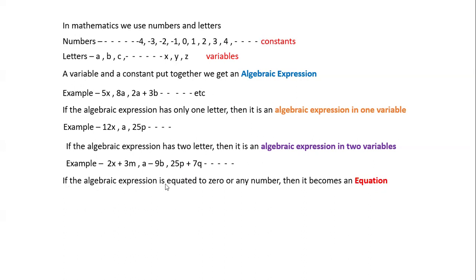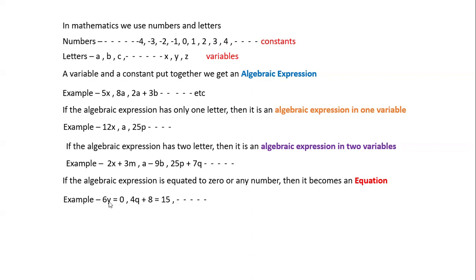If the algebraic expression is equated to 0 or any number, then it becomes an equation. That means this is an expression; if you write equal to 0 or some number, then that becomes an equation. An algebraic expression equated to 0 becomes an equation.